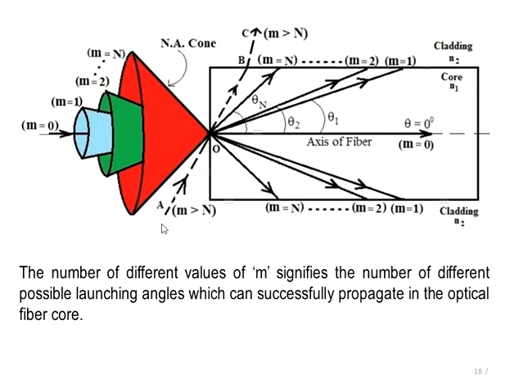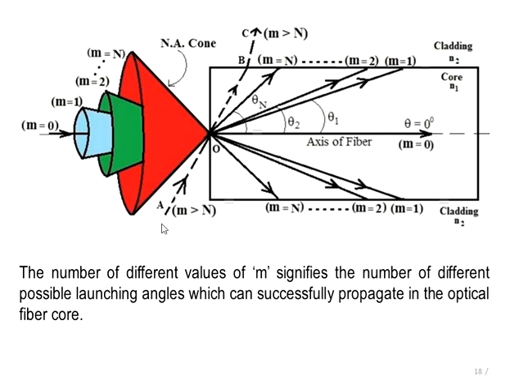For example, if m equal to 0 corresponds to theta equal to 10 degrees, m equal to 1 corresponds to theta equal to 20 degrees, and m equal to 2 corresponds to theta equal to 30 degrees, then only rays incident at 10, 20 and 30 degrees can propagate through the fiber. If any ray is incident at an angle of 15 degrees, it is not going to propagate through the fiber, even if it is within the numerical aperture of the fiber.